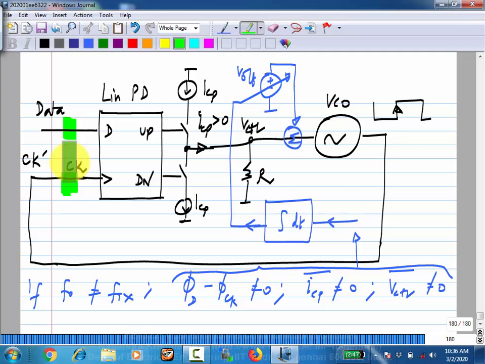Okay? Now one thing you have to observe in this whole description, I assume that the phase offset between these two is the steady state phase offset, right? So let's say I don't have this integrator, I just have some V offset, okay? And the effective free running frequency is different from the transmit frequency.